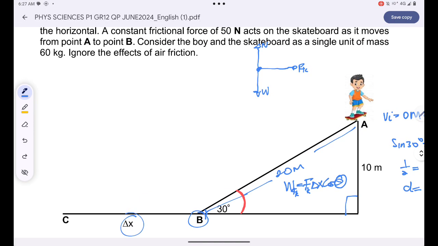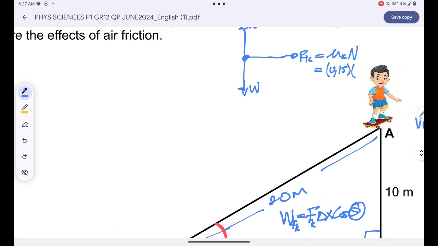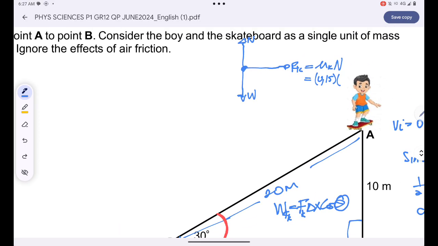Are we together? And we can find the magnitude of our normal force. How can you do it of our kinetic friction? Remember that, guys, kinetic friction is always mu k multiplied by normal force. In this case, we are told that our mu k is just 0.15, but normal force is directly opposing the weight, so that means they are both equal. So that will be just 60 multiplied by 9.8.